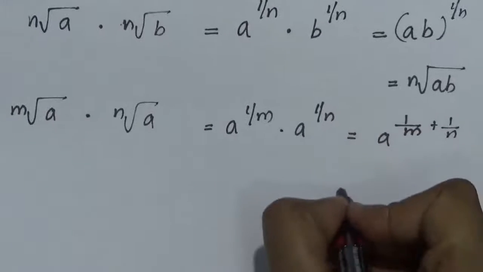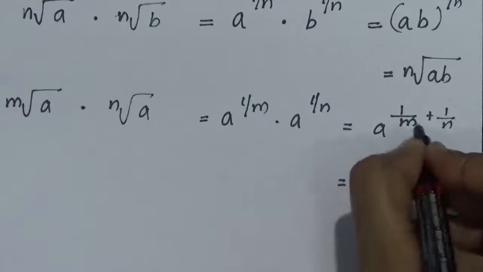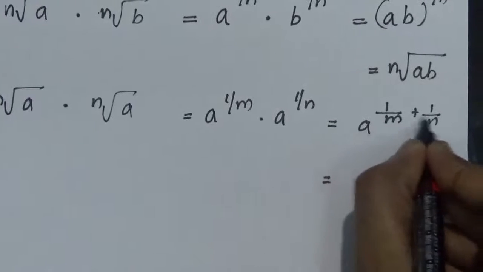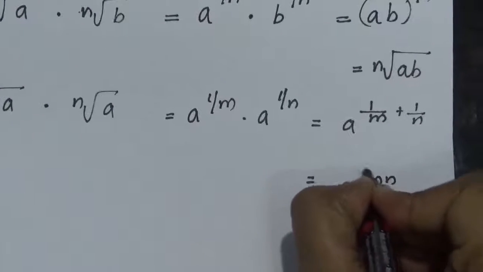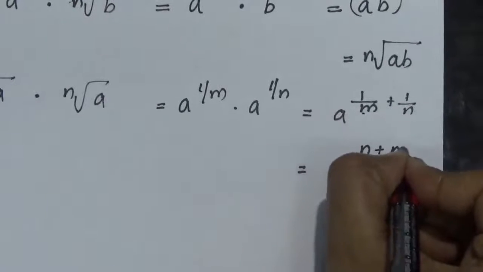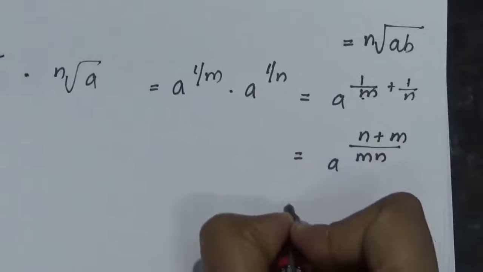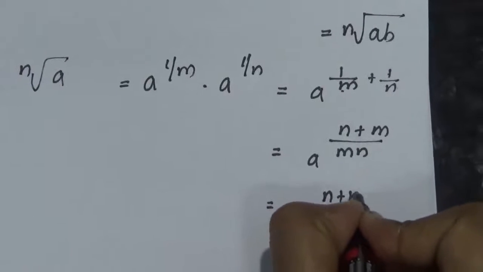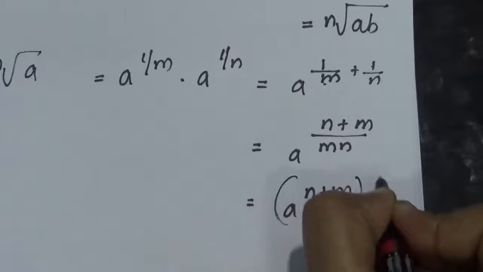So it is equal to a raised to 1 by m plus 1 by n, which can be written as, the LCM of m and n is mn. Then 1 into n is n, plus 1 into m is m. So we have a to the power n plus m, all raised to 1 by mn.